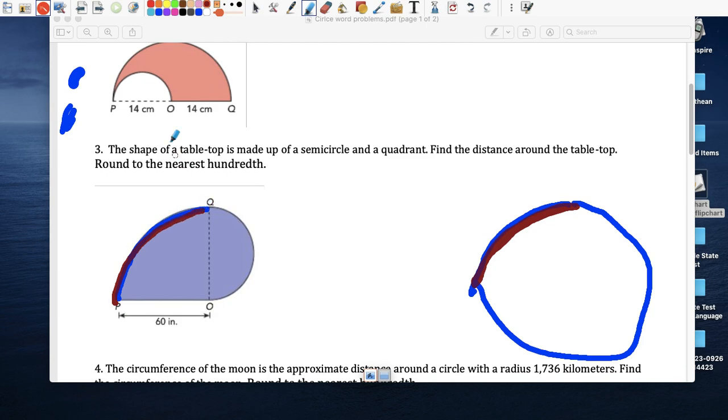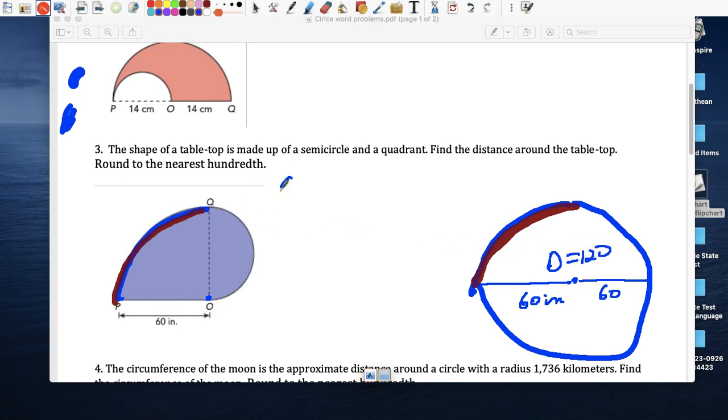So it's a quarter. Here's the center of the circle, and they're telling us that this is 60 inches, which tells me the other side here is also 60, which makes the diameter 120.